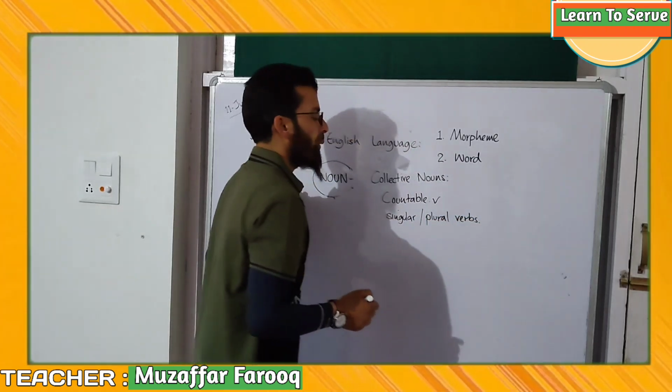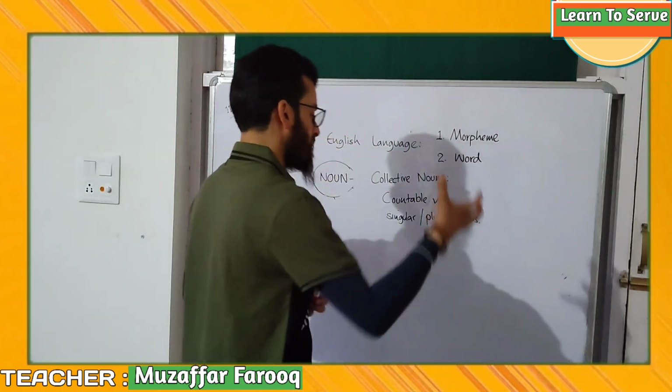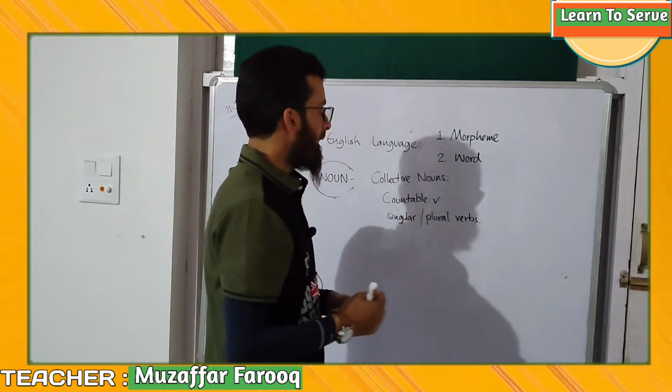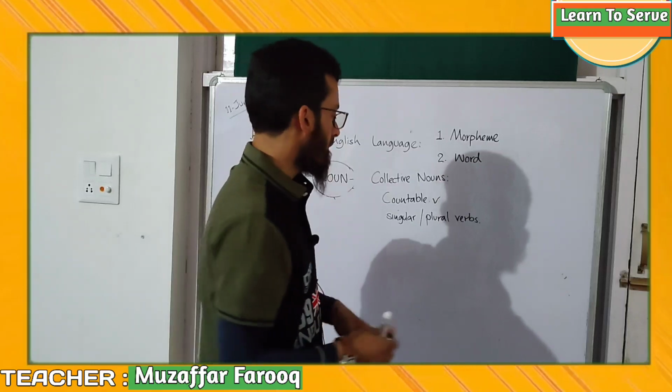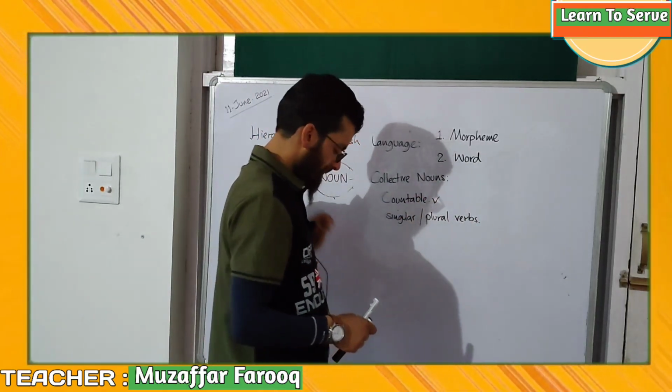It depends. Whether you use a collective noun as a singular entity, then it is followed by a singular verb, and if you take it as a plural entity, then it is followed by a plural verb.